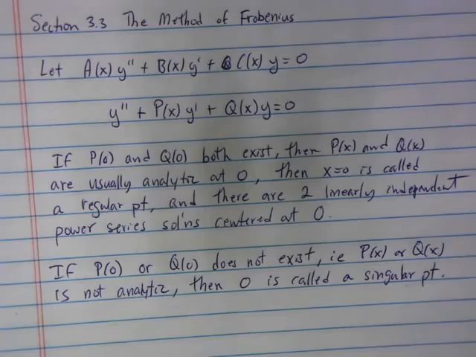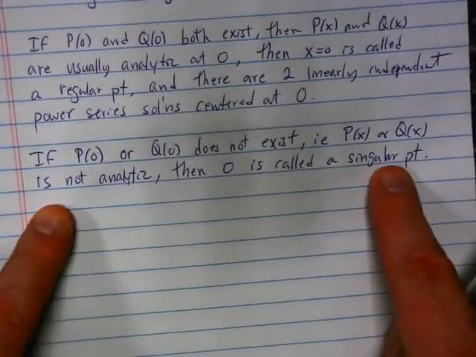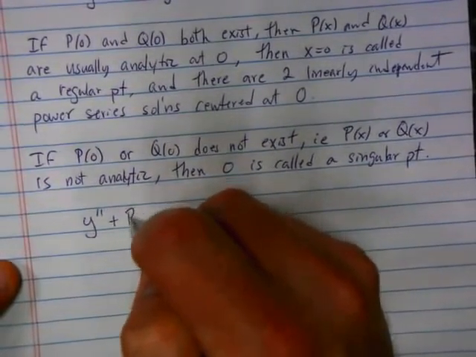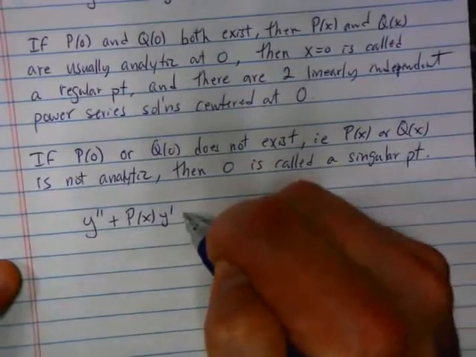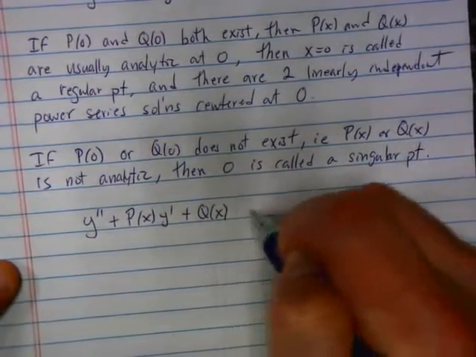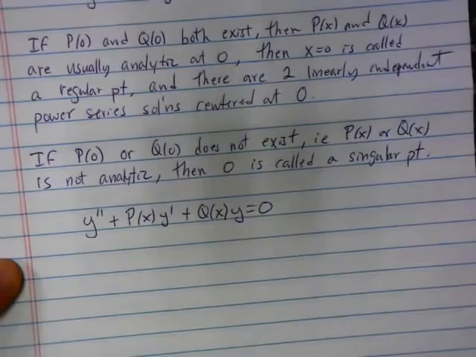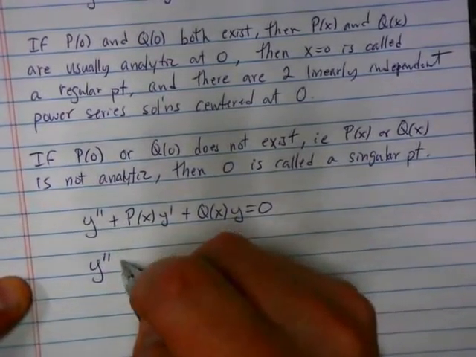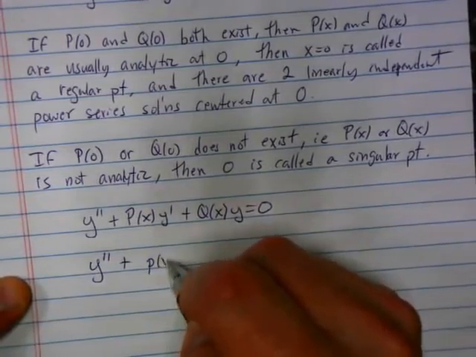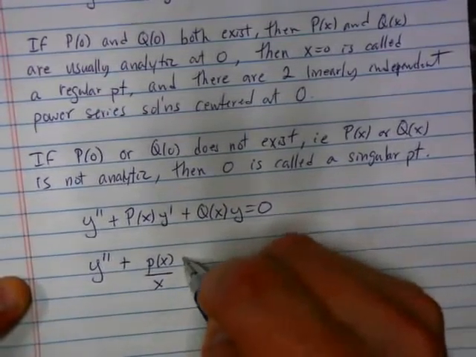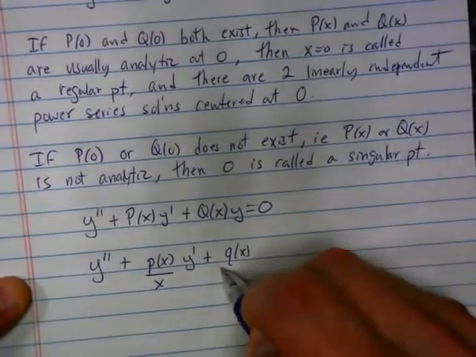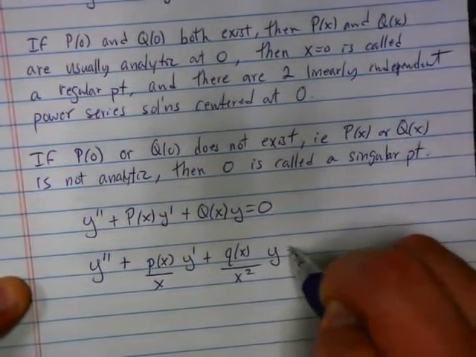Okay, so if x equals 0 is a singular point, we're going to come back to our equation y double prime plus p of x y prime plus q of x y equals 0, and we're going to write it this way. We're going to write it as y double prime plus little p of x divided by x y prime plus little q of x divided by x squared y equals 0.